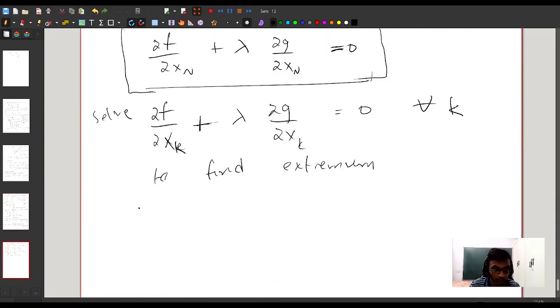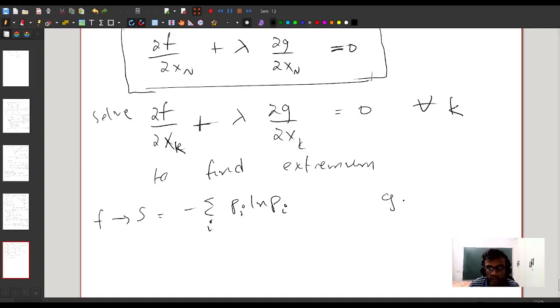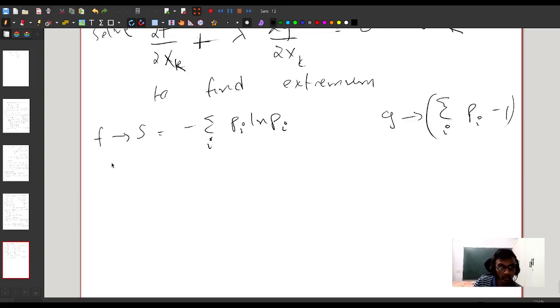So S is minus the sum over i of pi log pi, this is f, and g is nothing but the sum over i of pi minus 1.